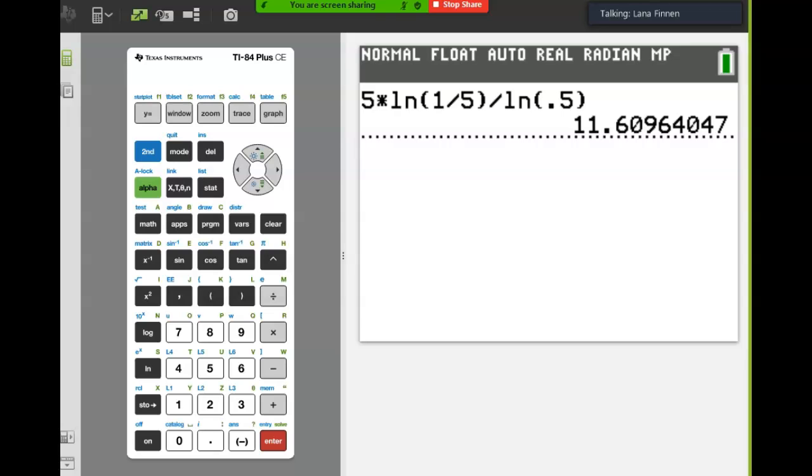So I'm going to type that in. It's going to give me the natural log of 12 divided by 5, divided by the natural log of 1.01. Just make sure that you're closing your parentheses like you should. Divided by 4.